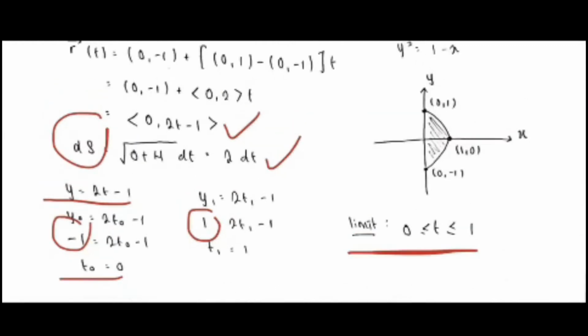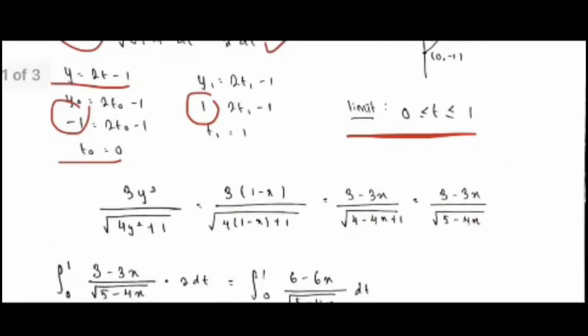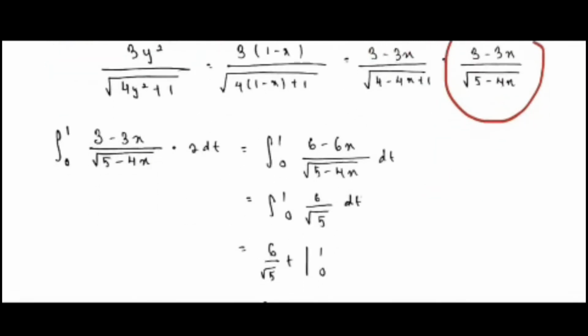Then from the equation, make y the subject, so we will get y is equal to square root of 1 minus x. So substitute the y into our function here, and we will get this function for our next integration. So we integrate from 0 to 1.